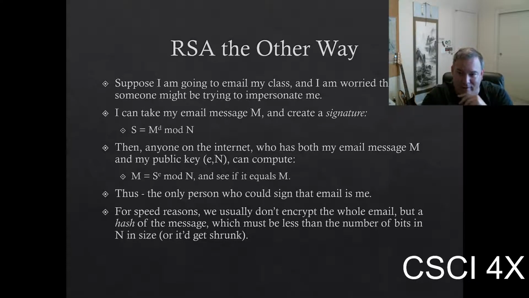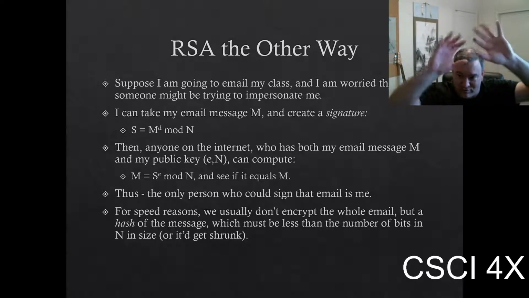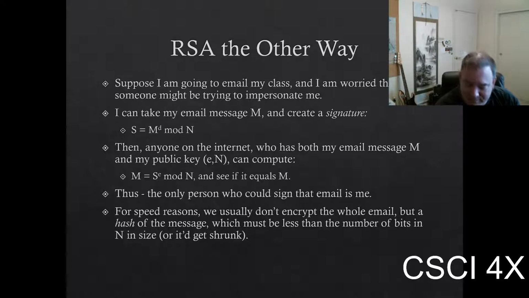They don't have to do the whole thing, just enough to show that they have the private key, and they encode a chunk of it with their private key, and then you can verify using these trust chain networks of keys. There's a whole side of that I don't want to get into, but you can verify that that is their public key that can decrypt it, so that is them. That has been digitally signed. And Acrobat documents that are digitally signed will have a little thing at the bottom a lot of times saying this has been signed by so and so, and so you can verify the signature.